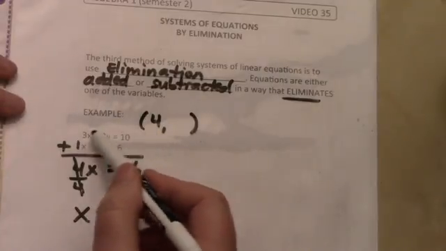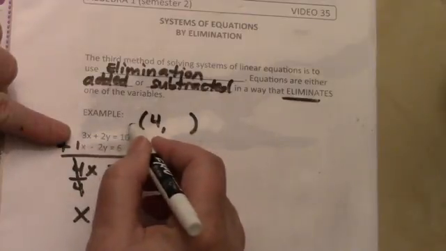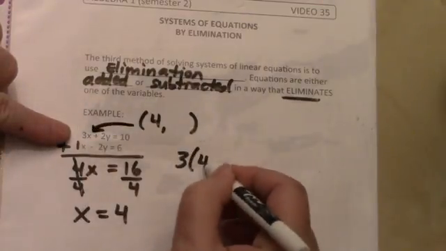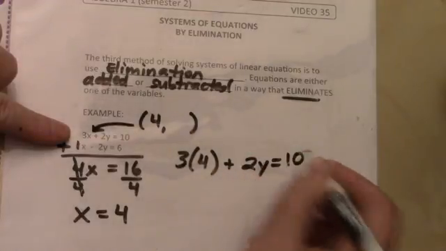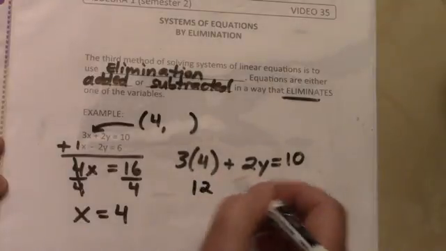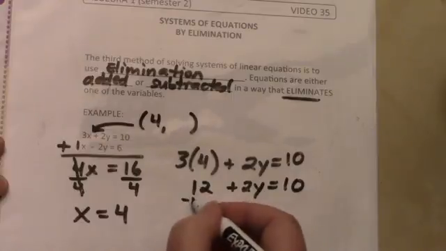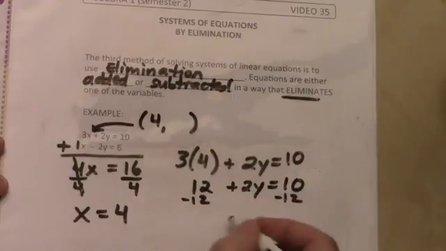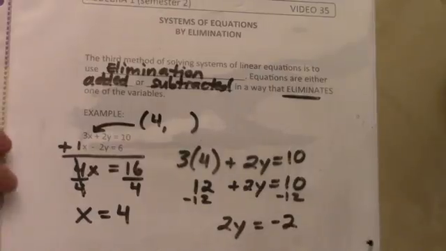So let's substitute our 4 into the first equation. So instead of 3x, I'm going to substitute that 4 into it. So it's going to be 3 times 4 plus 2y equals 10. Now I'm going to solve for y. 3 times 4 is 12 plus 2y equals 10. I'm going to subtract 12 from both sides. That gives me 2y equals 10 minus 12 is negative 2, negative because I'm taking away more than I started with.